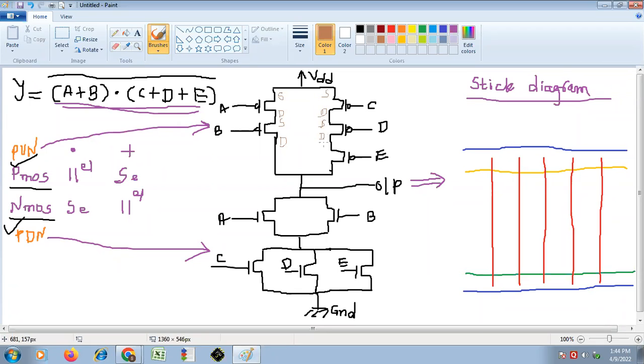It is drain, source, drain. Similarly, here also it is drain, it is drain, it is source, it is source. These all are source terminals and these all are drain terminals. Clear? So we have marked this.